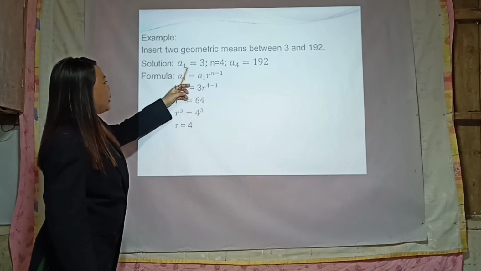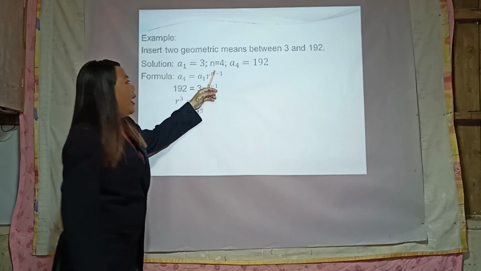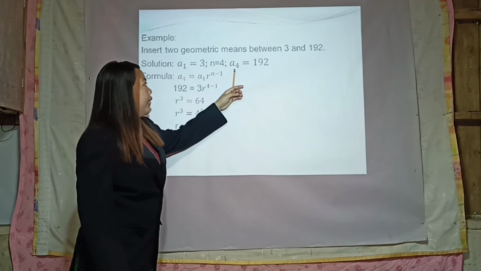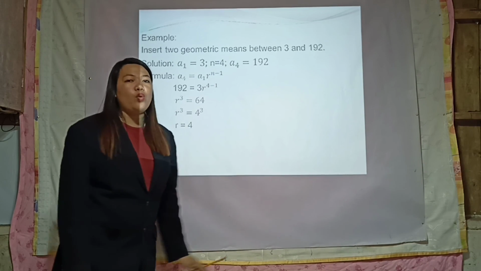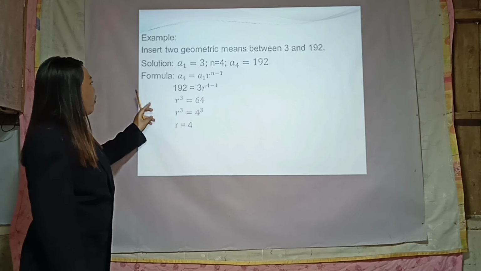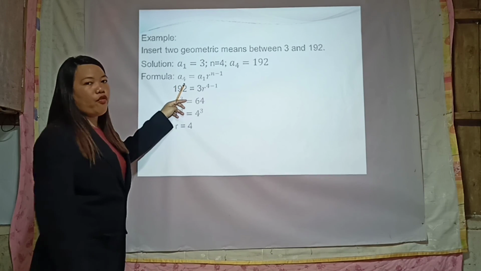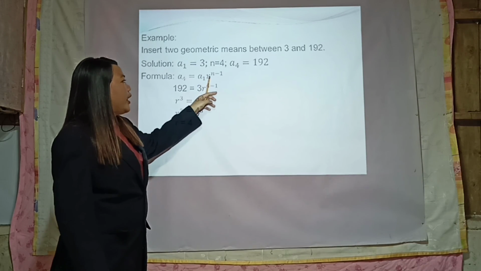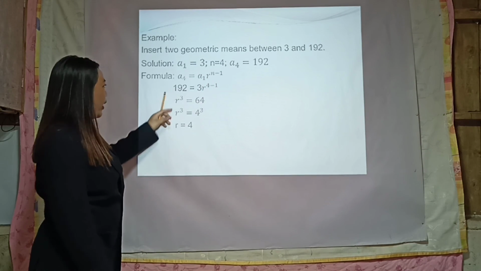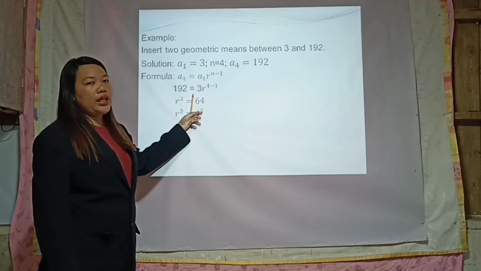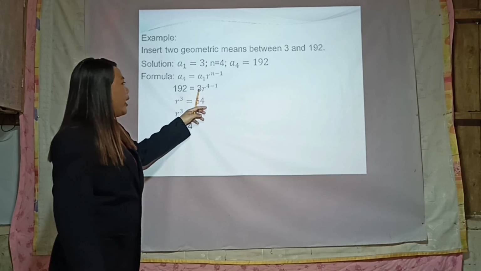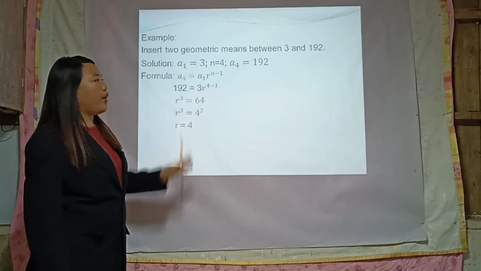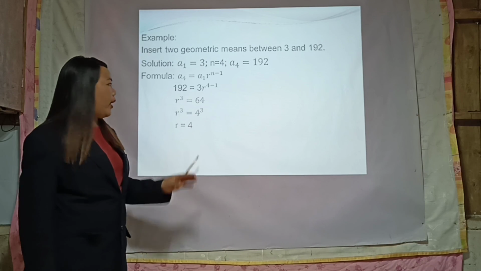So, solution, a sub 1 is equal to 3, and the n is equal to 4, and a sub 4 is equal to 192. So, formula, a sub n is equal to a sub 1 times r raised to n minus 1. So, 192 is equal to 3 times r raised to the power of 4 minus 1.